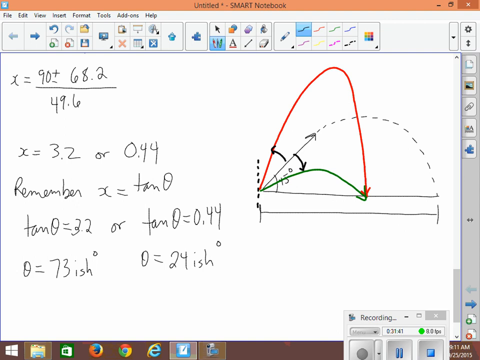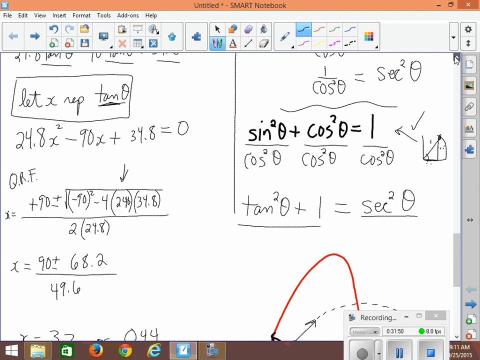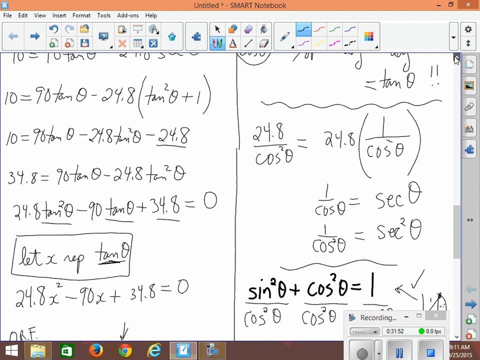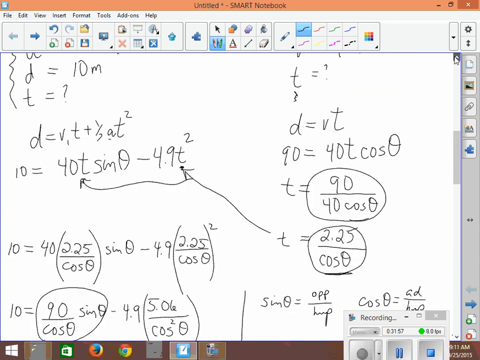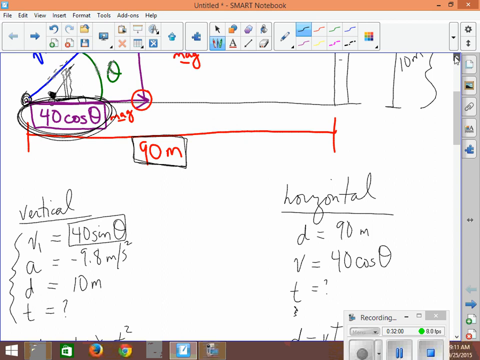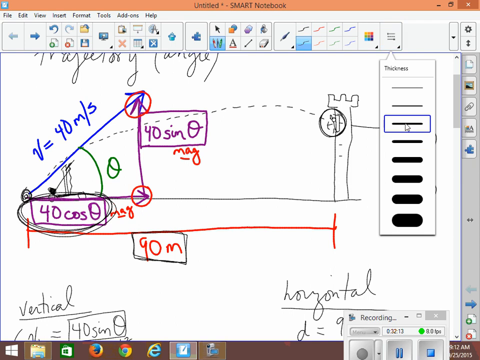So I could hit the guy in the castle window by shooting at this angle. If we go back to our original picture, I could shoot at him and hit him at two different angles. That's what this is telling me. One of the angles will produce a flight path that shoots sort of below. This picture is kind of messed up, but if we use a nice dark black pen here, let's make a nice thick black line.